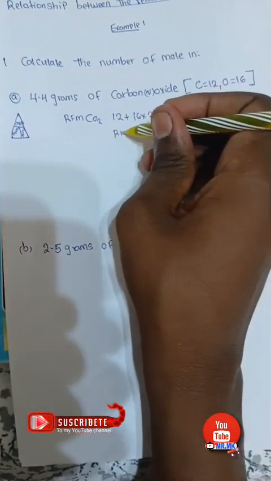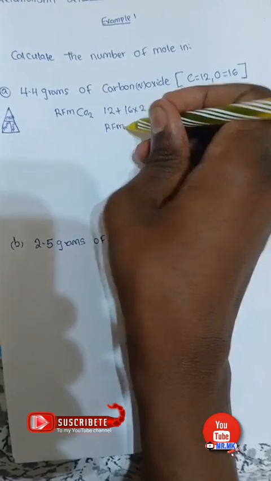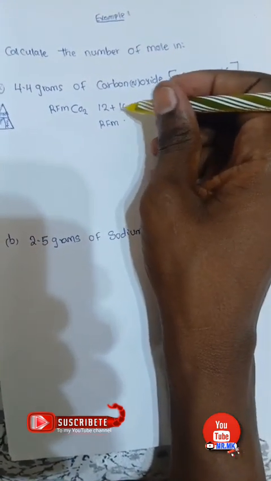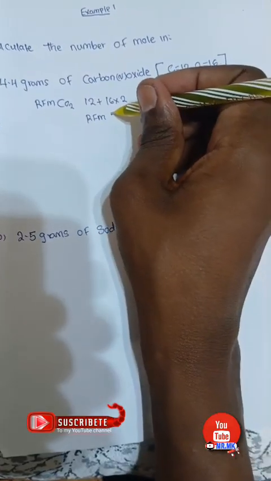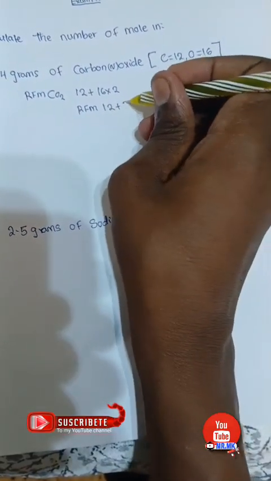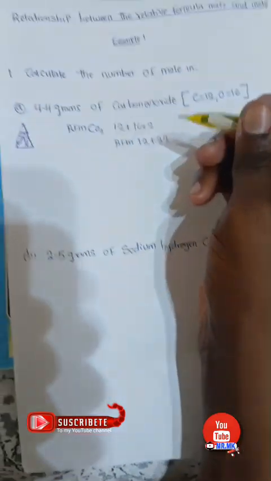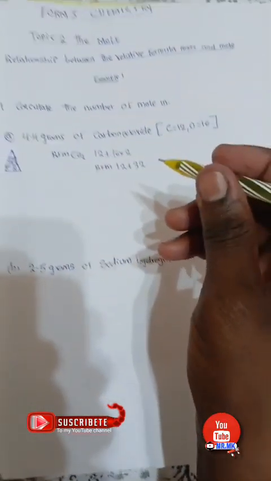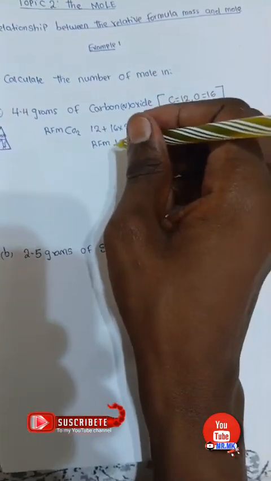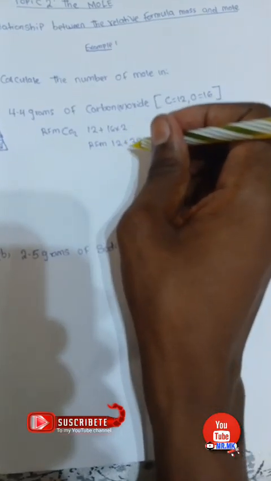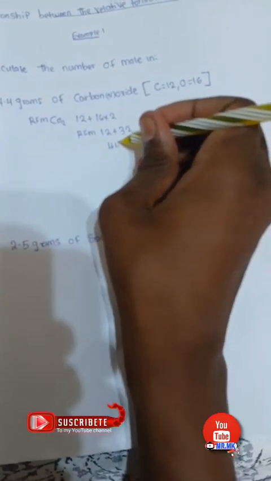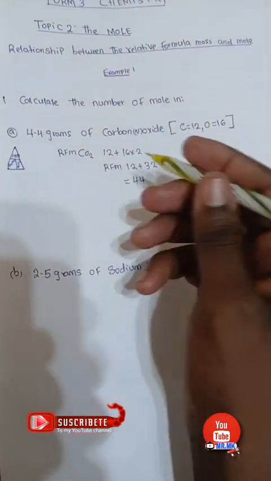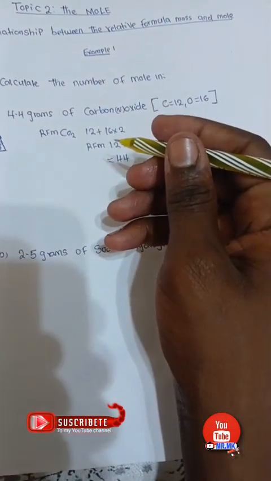The RFM of carbon dioxide will be 12 plus 16 times 2, which is 32. 12 plus 32, now the relative formula mass of carbon dioxide will be 44.